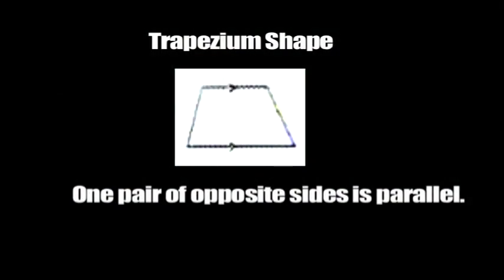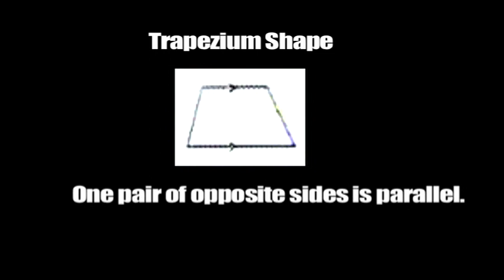So, 7Es, on the screen, I have the answer for you again. What you should have said was, it is a trapezium because one pair of the opposite sides is parallel. Again, it is known as a trapezium because one pair of the opposite sides is parallel.